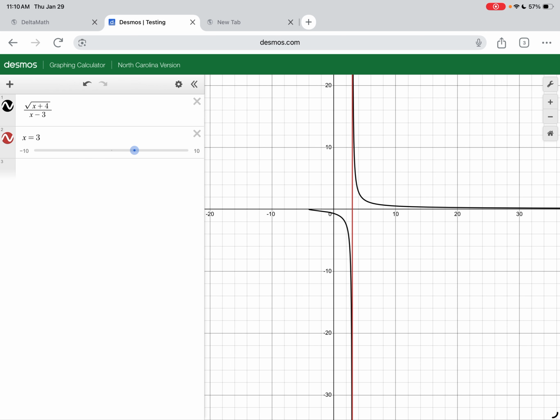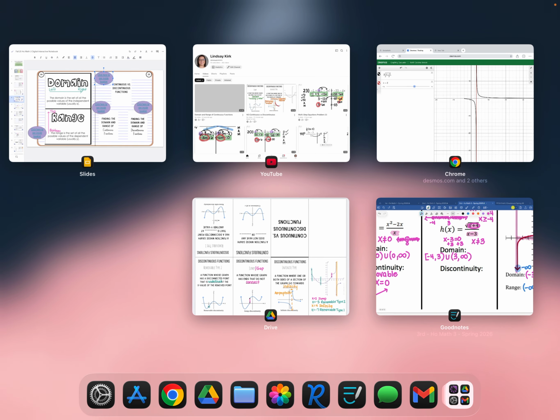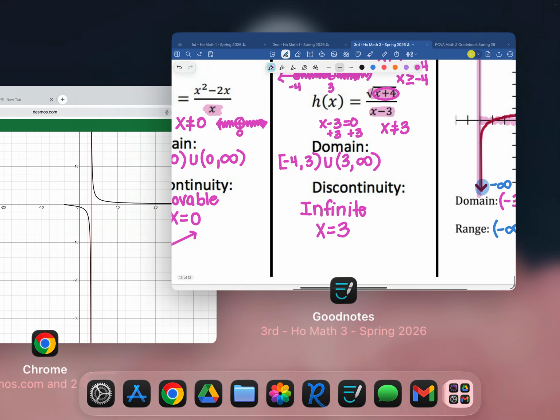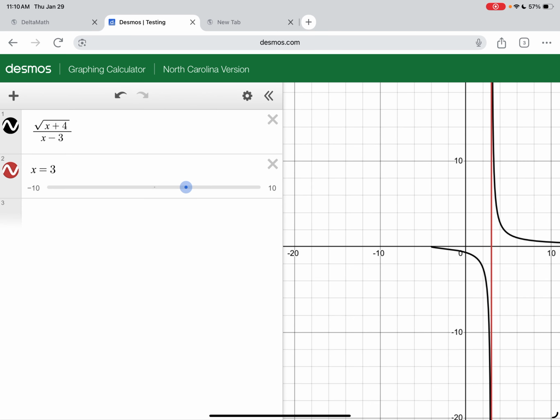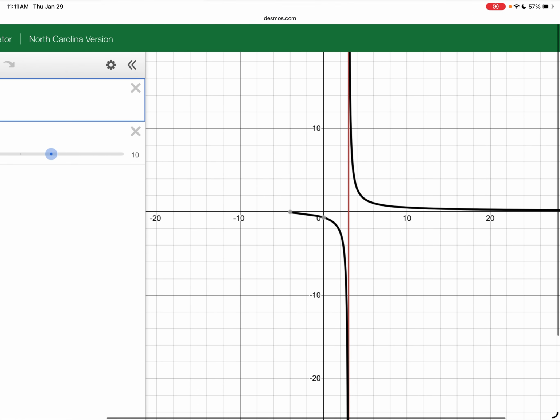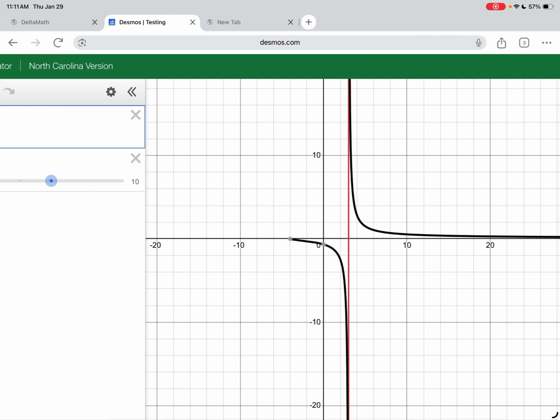So that asymptote means that there is infinite discontinuity at 3. Okay, so that one doesn't have a removable point. That one is just infinite discontinuity because it's going separate away. And then, of course, it does continue to go to positive infinity as we go to the right.